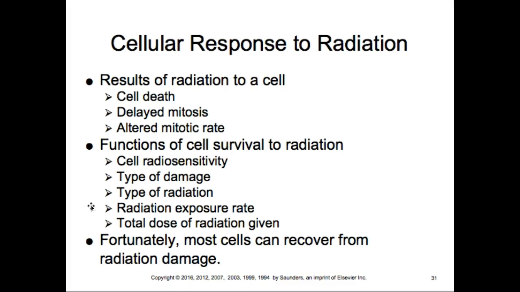So did you give 10 treatments given and fractionated, or did you give one big dose? So the radiation exposure rate along with the total dose of radiation given, if we do it over 2 days instead of 10 days, the dose is going to be a lot higher, and you're going to have a lot more biological effects if you do it in 2 days rather than 10 days. So all that comes into play.